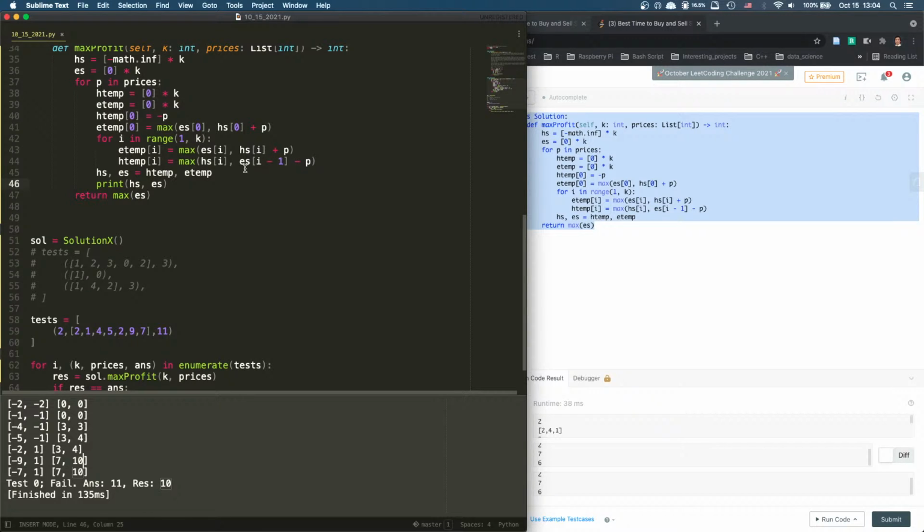Holding state is the previous empty state minus the price. Empty state is the previous empty state. It's always holding to empty, so it's the previous holding state plus P. Why does one of them work and this one doesn't?